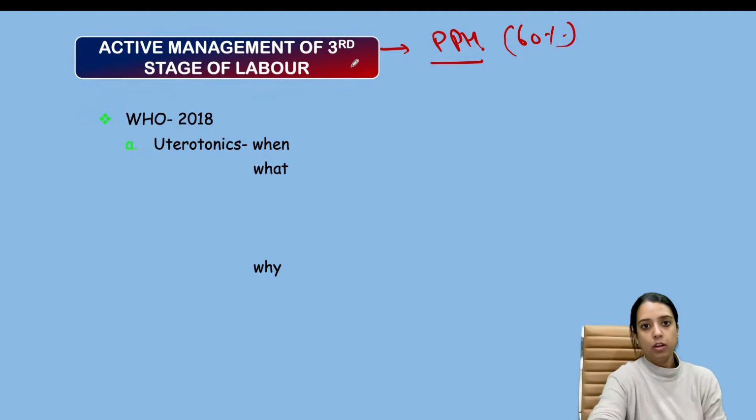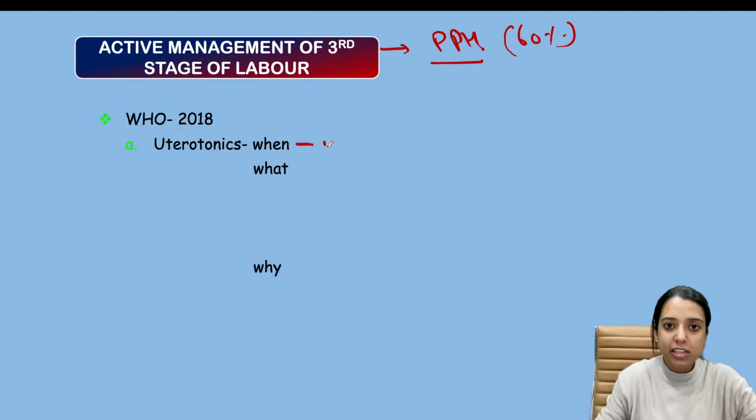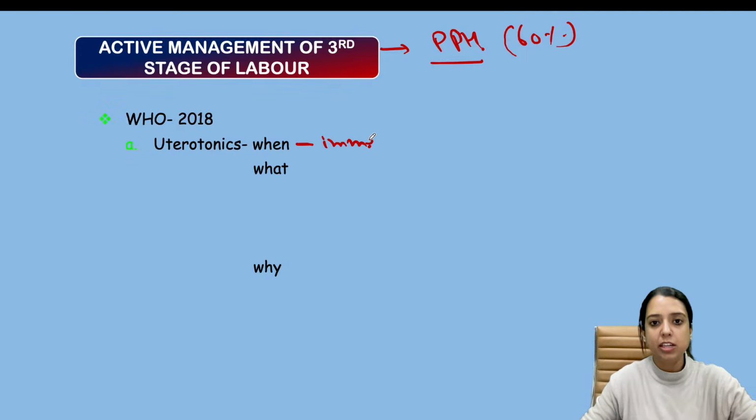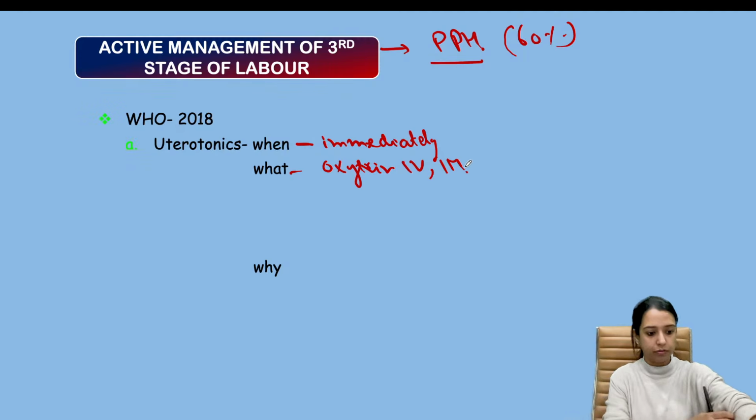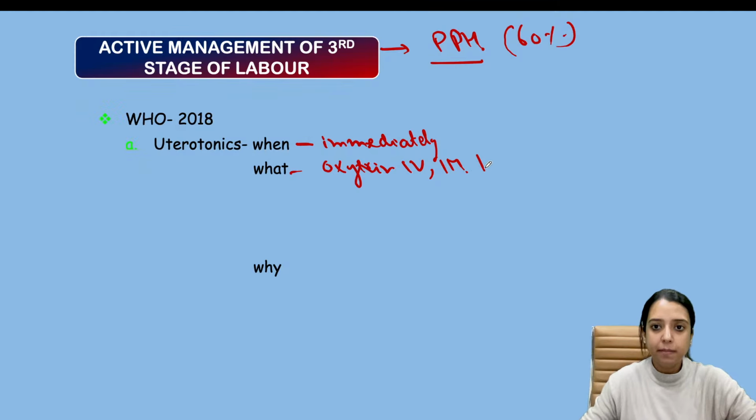Uterotonics. Uterotonics is given immediately after delivery of baby. Immediately. And what is the uterotonic of choice? It is oxytocin. If IV cannula is there, IV is the first choice. If IV cannula is not there, then you give IM. But oxytocin is the choice. Either IV or IM, 10 units.